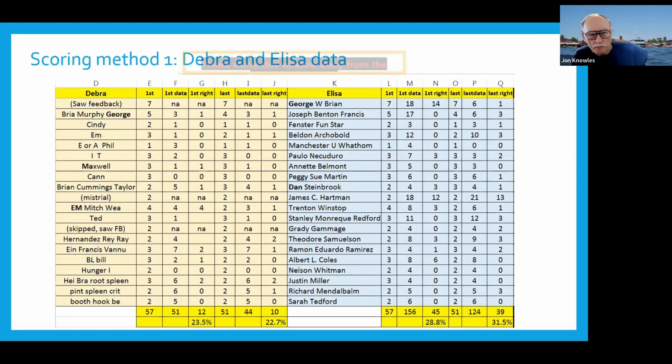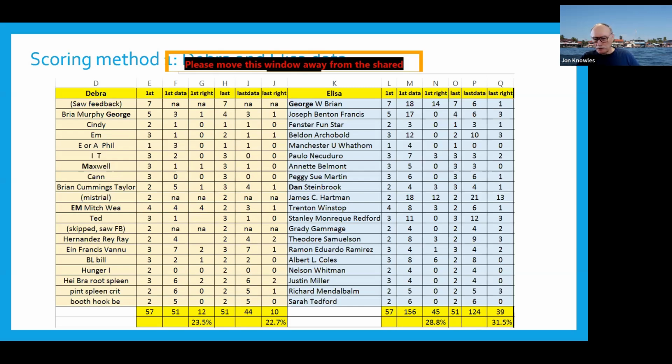So using scoring method 1, look at the column G and column N and Q and J. You see the percentages at the bottom. In terms of the first and last letters, the figures are around 23, 22, 28, and 30% accurate. You remember I mentioned 30% earlier for the mother and her son over the telephone.